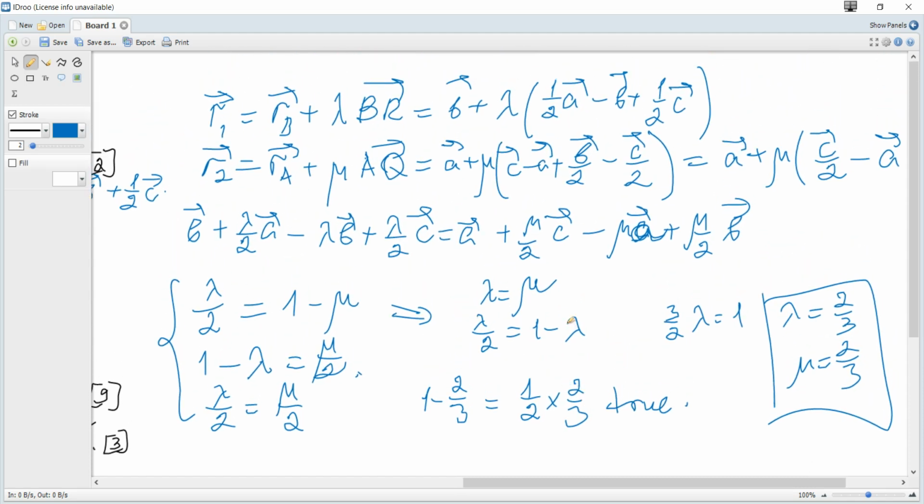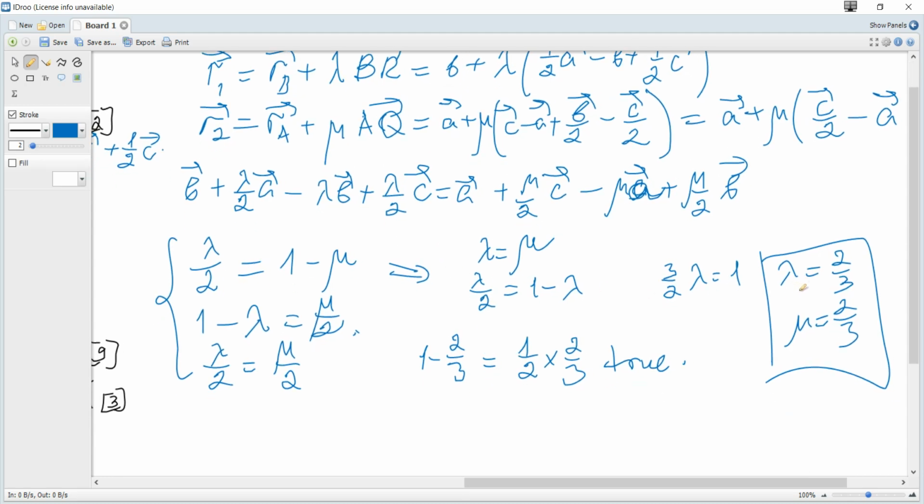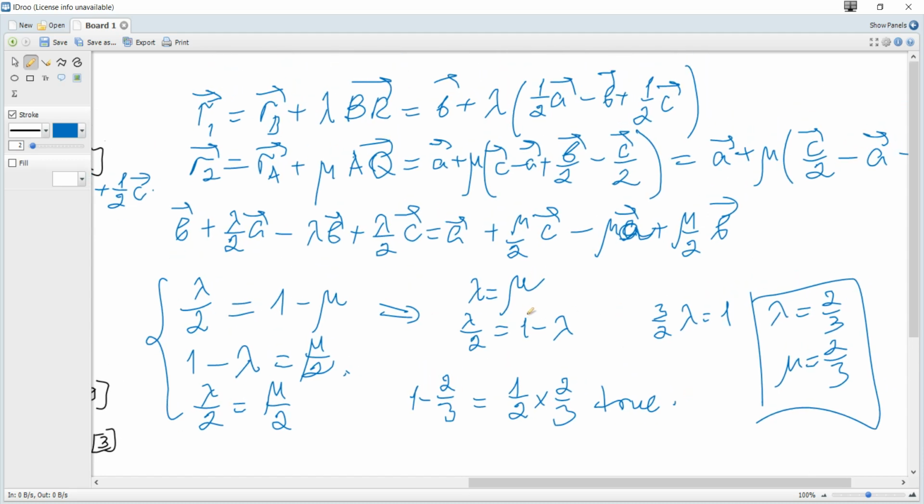Hence we can see that when we equate two position vectors, if we substitute lambda or mu, it doesn't matter because it's a common point, we get a position vector on a given line, and hence it will be the position vector of the point G. And actually we don't need the coordinates of the point directly, because we cannot find coordinates of a point.